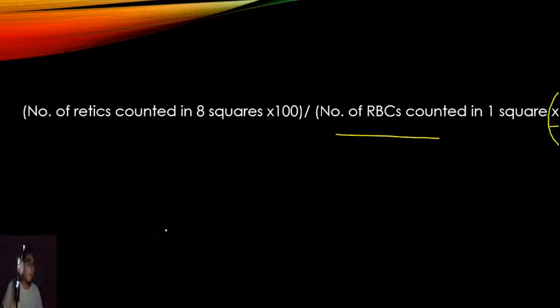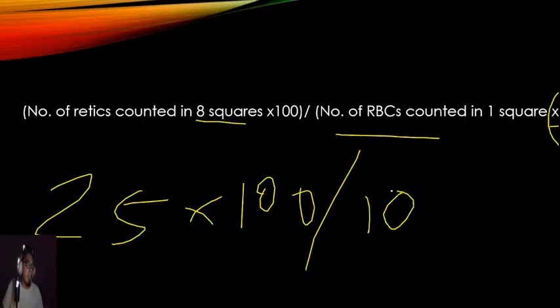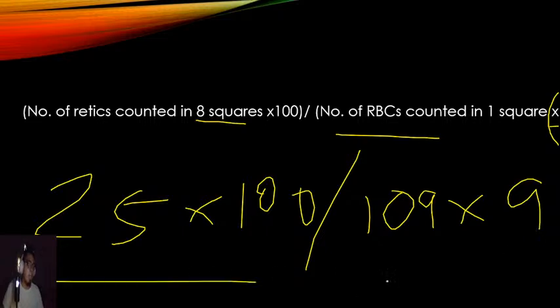So for example, in the question, you counted 25 on 8 squares of the Miller disc, multiply it by 100, and then you counted 109 RBCs in one large square, then multiply it by 9. That will be your reticulocyte count.